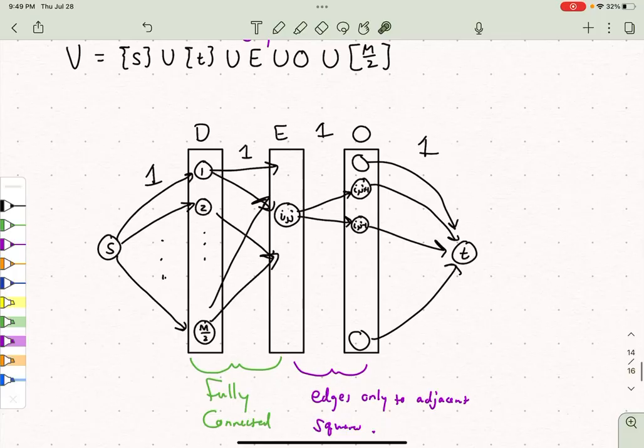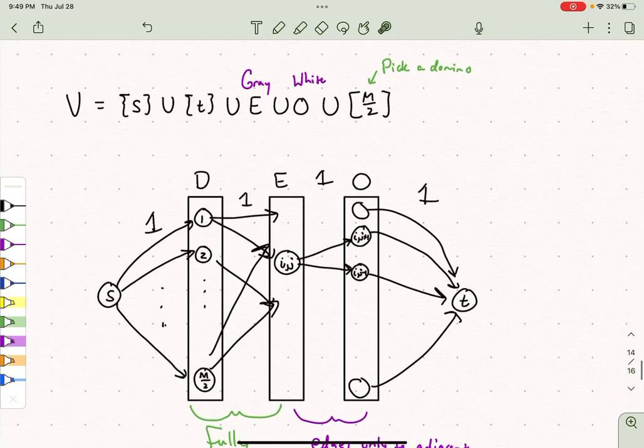And then this is what the graph looks like. Because it's tuple selection, we'll have a single source S connected to each domino, each with capacity 1. Then we'll have a single sink T that touches all the odd squares, i.e. the white squares, and this will also have capacity 1.